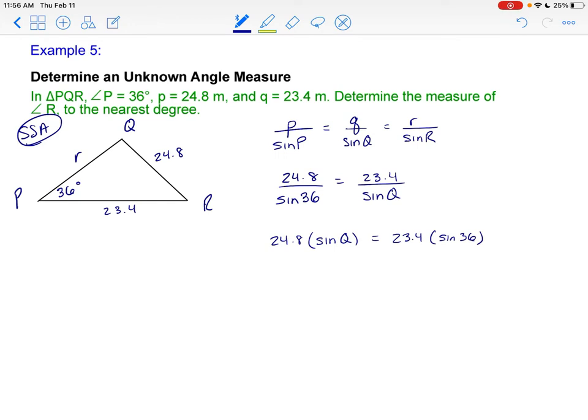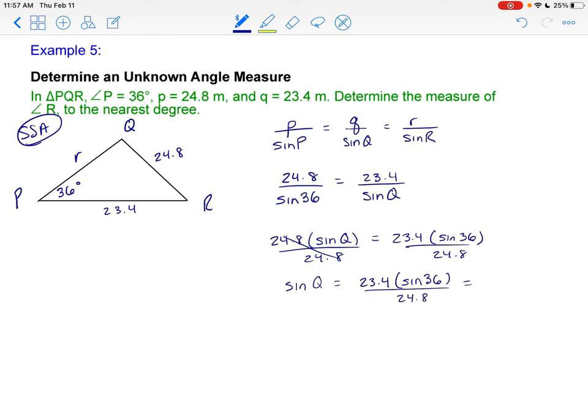Okay, so we'll divide both sides by 24.8. Cancel that there. And we'll get that the sine of angle Q is equal to 23.4 times sine 36, all over 24.8.